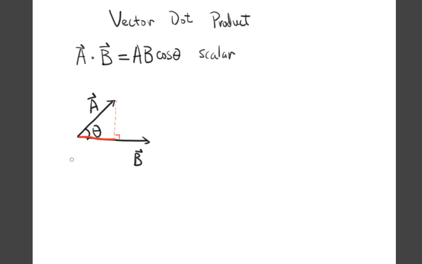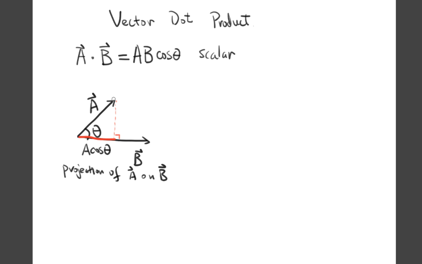So we can say A cosine theta is projection of A on B. Of course, you can also say B cosine theta is the projection of B on A's direction. Okay, so the result will be the same.